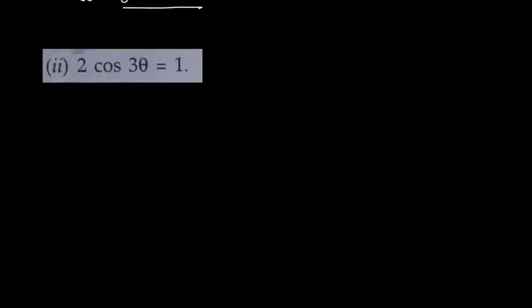Now here we have the next question, 2 cos 3 theta is 1. So we can say that cos 3 theta equals 1 divided by 2, and we know that cos 60 degrees is 1 by 2.